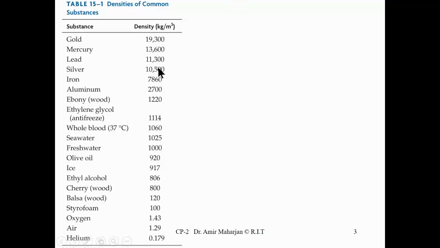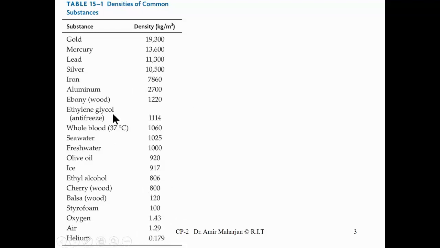Here's the list of density of different substances from solid to gas, and you can clearly see a significant variation of density from very high to very low. On this list, gold and mercury have the highest density, and air and helium have the lowest density because they are gas.